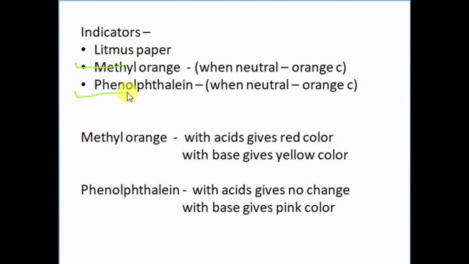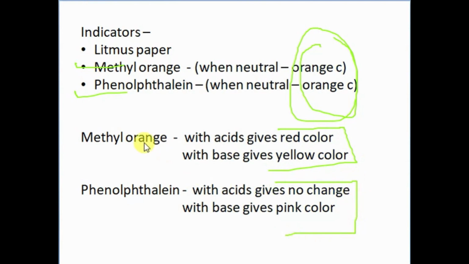Both methyl orange and phenolphthalein are orange in color when they are in their neutral state. Now we use these indicators to identify whether the chemical we are using is acidic or basic in nature. So how do we identify? This is what is written here.